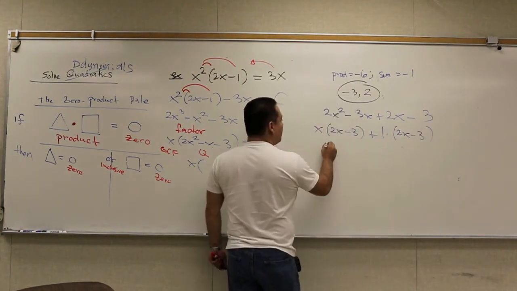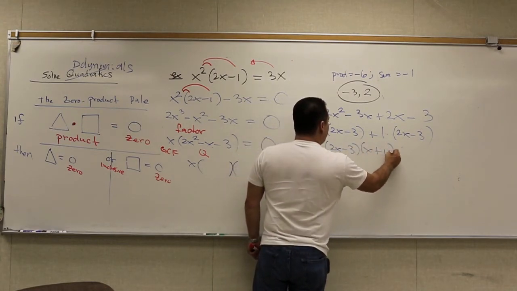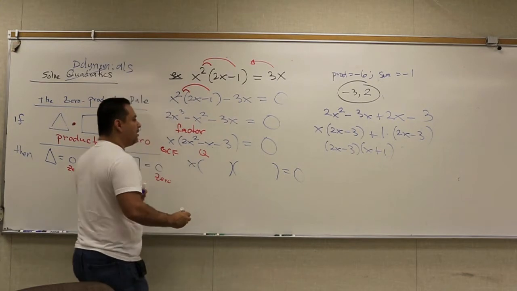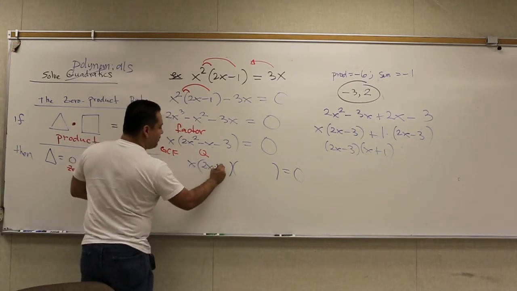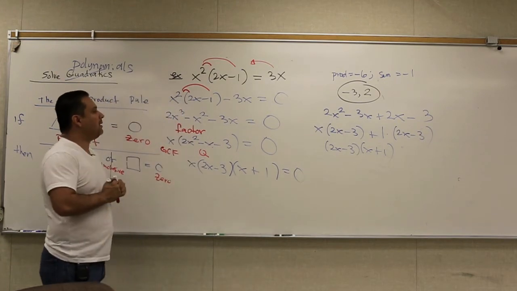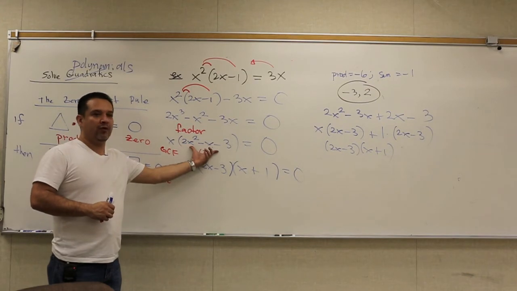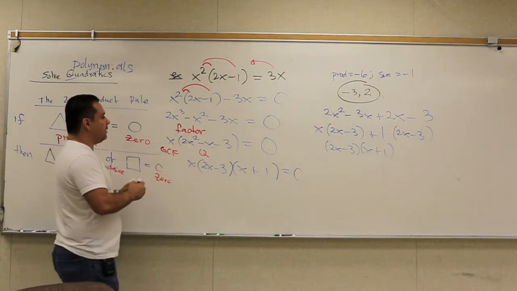I'm glad we factored by grouping. We did that homework. This is what you get. So you should have 2x minus 3, x plus 1 by the beef stew recipe, when you factor your quotient. We're factoring this.